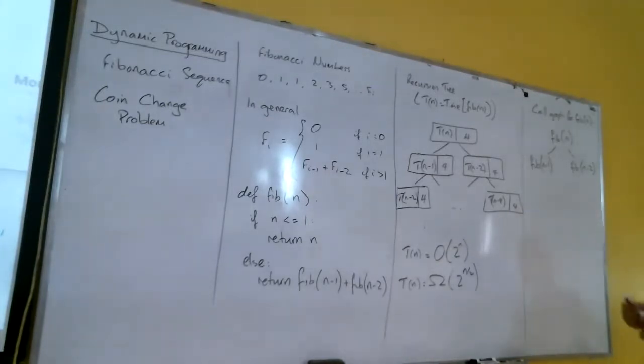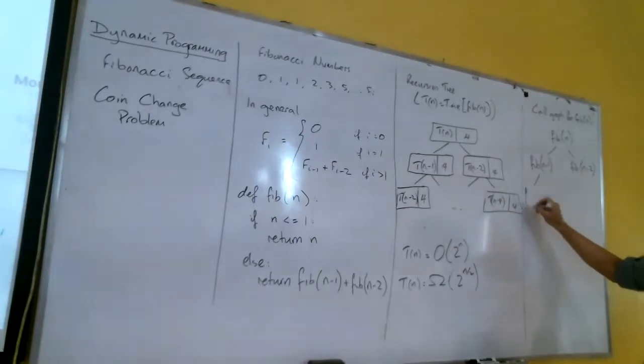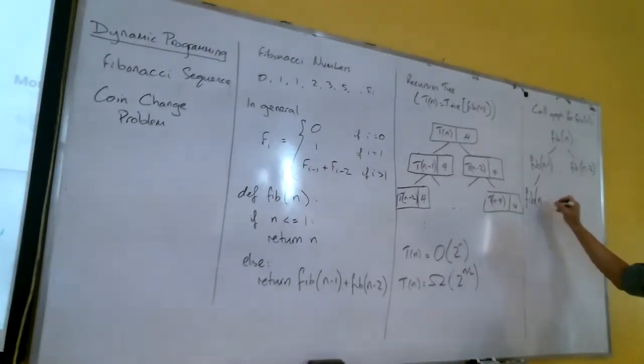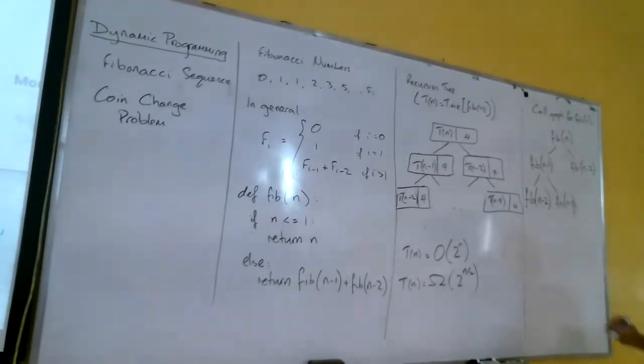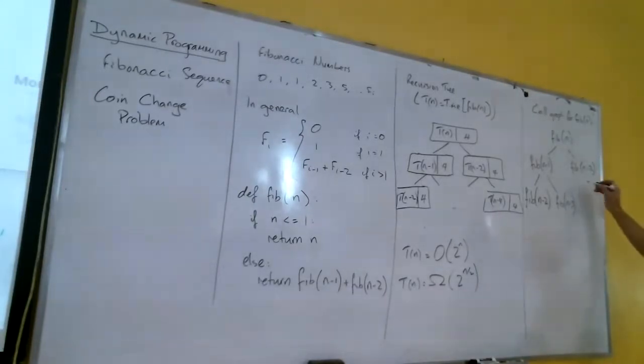All right. But if I keep going, n minus 1 depends on fib of n minus 2 and fib of n minus 3. Agreed? Likewise, fib of n minus 2 depends on fib of n minus 3 and fib of n minus 4.